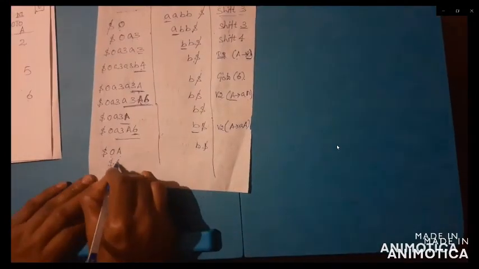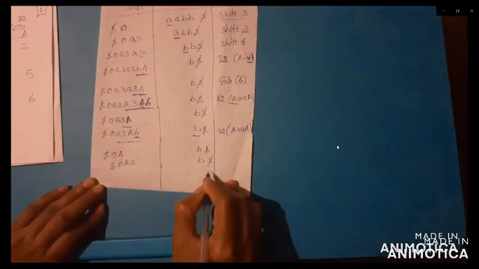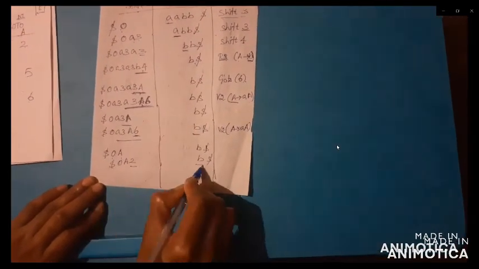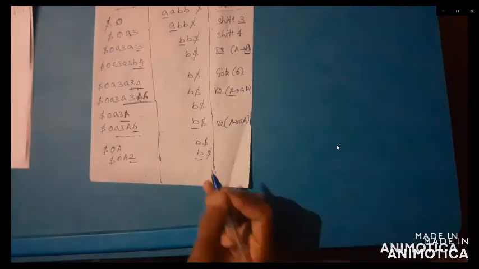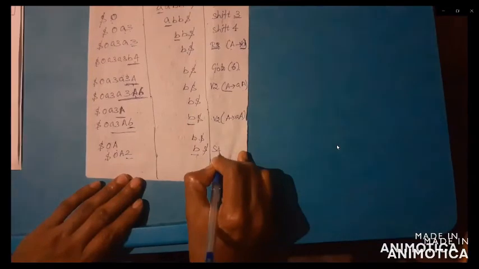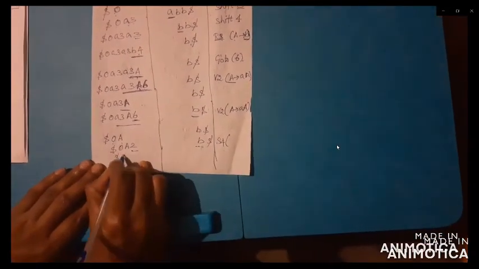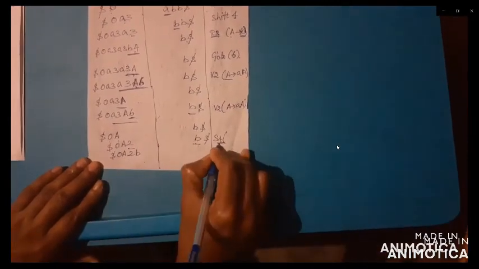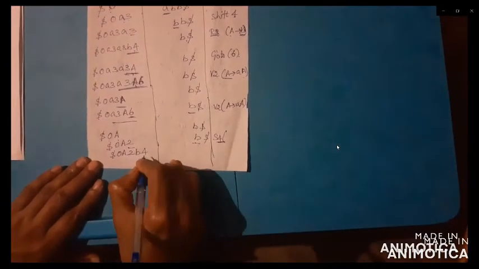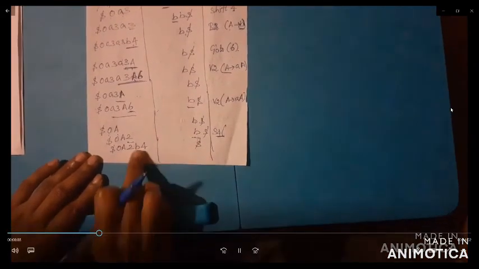So $0A 2B $. Okay. So what is 2B? 2B is shift 4. Shift 4 means the B can be shifted to here. $0A 2B can be shifted with the state of 4. 2B $4.